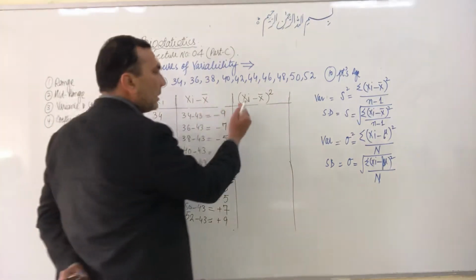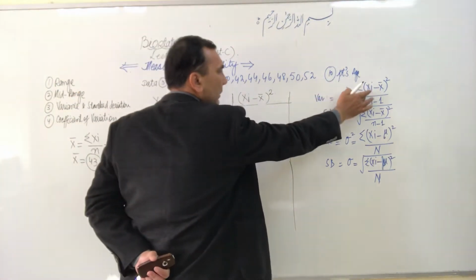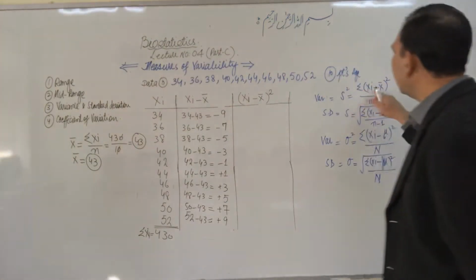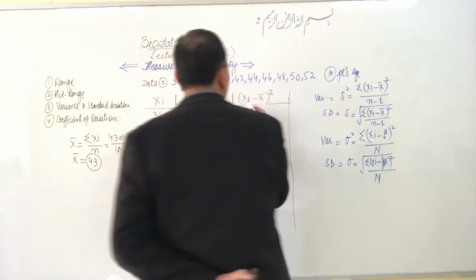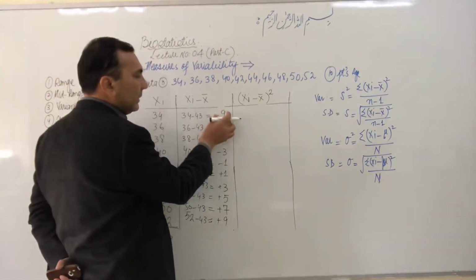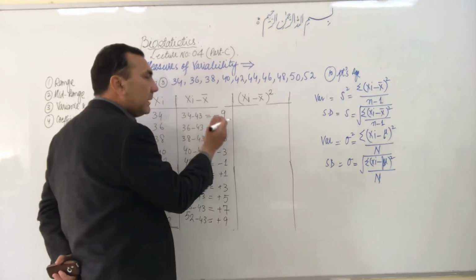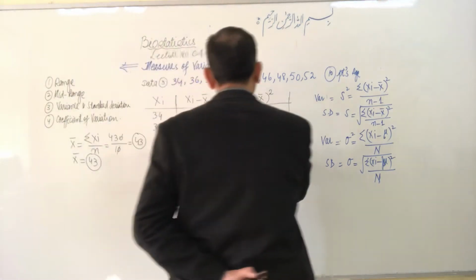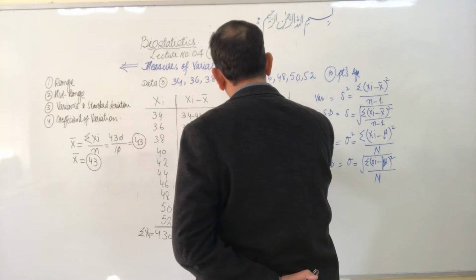Now in the third column, the denominator of this formula is the sum of the xi minus x bar whole square. What we calculated until now is xi minus x bar. For the first data set it is minus 9, and we will do the whole square.